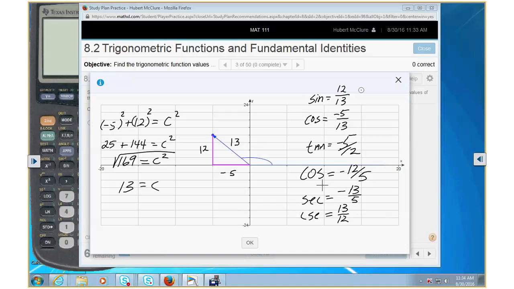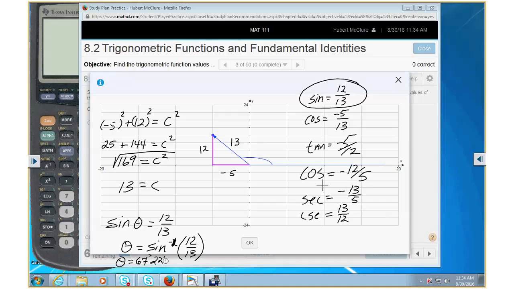And of course, if you want the angle, sine theta is equal to 12 over 13. Theta is equal to the inverse sine of 12 over 13. And what do y'all get? 67 even? No, I want minutes and seconds. 67 degrees, 22 minutes and 48 seconds.